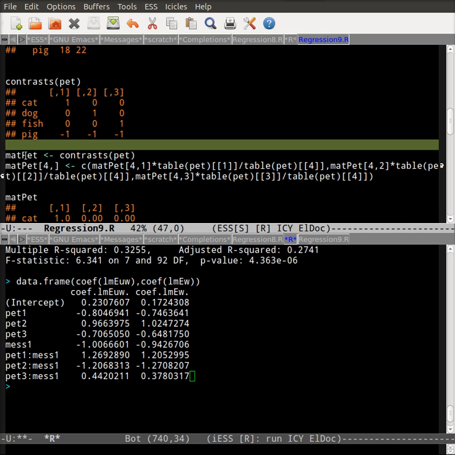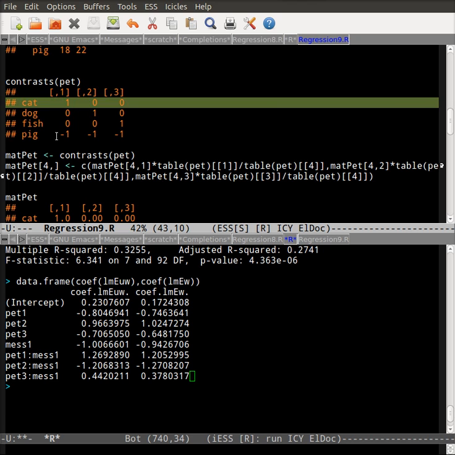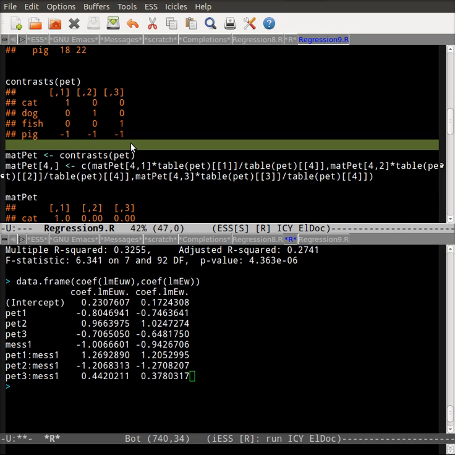But what I want to do is change not my ones, but the pig effect so that it reflects the proportion of pig to whatever contrast we have.